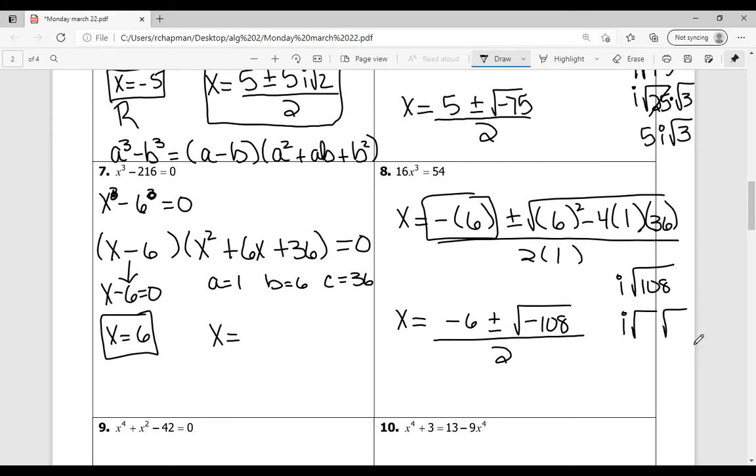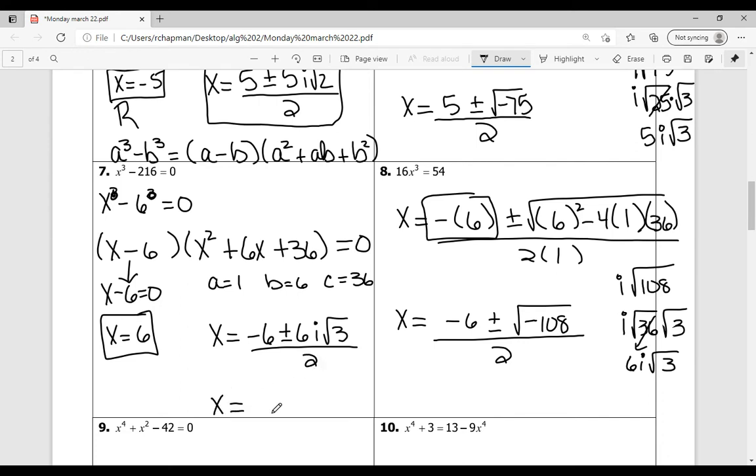I'm not going to tell you. 36. All right, 36 and 3. So that becomes 6i square root of 3. The square root of 36 becomes 6. So I have negative 6 plus or minus 6i square root of 3, all over 2.